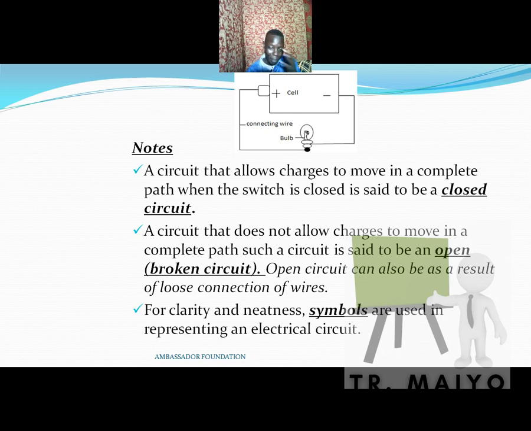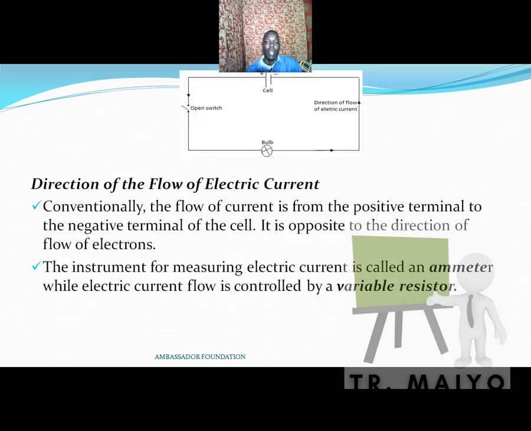For clarity and neatness, symbols are used. Symbols, not SI, it is S-Y-M. Symbols are used in representing an electrical circuit. Yes, this one is a switch. So you see now we are drawing them to be straight.